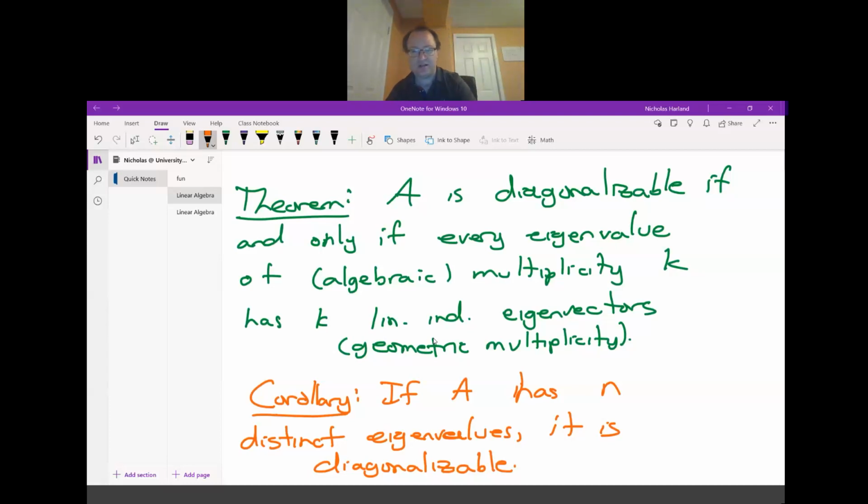So fear not, even if it's not diagonalizable, in the grand scheme of things it's not as nice, but nicer things can be done than just squaring and cubing and taking the power of 2021 of A.